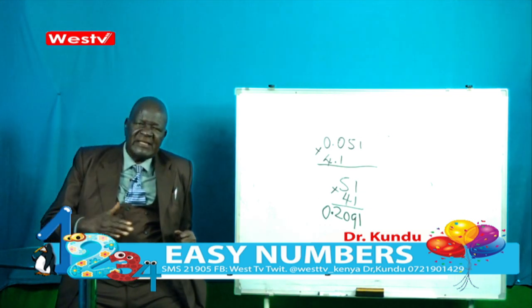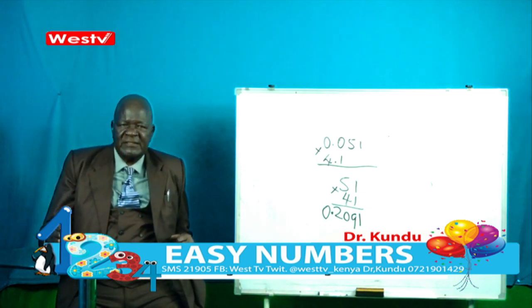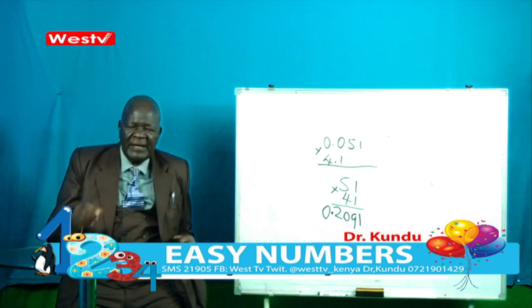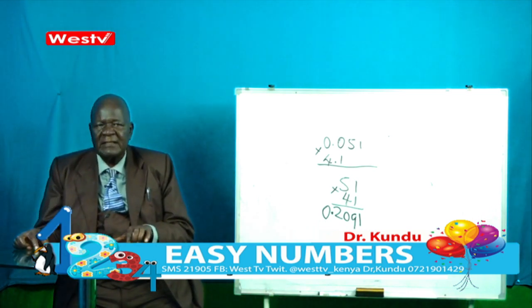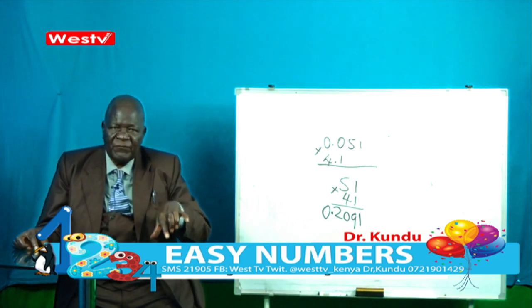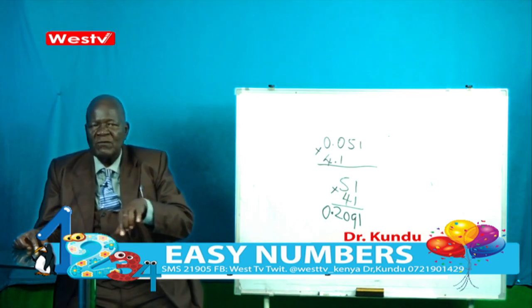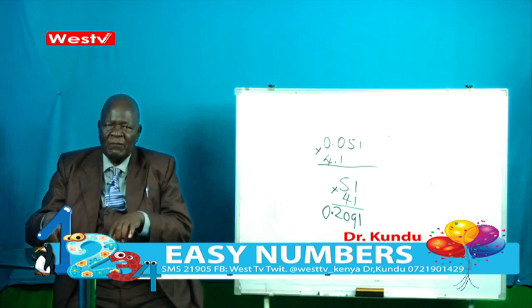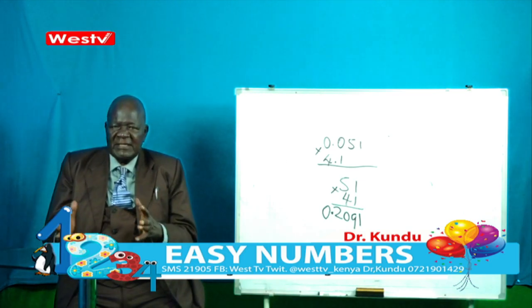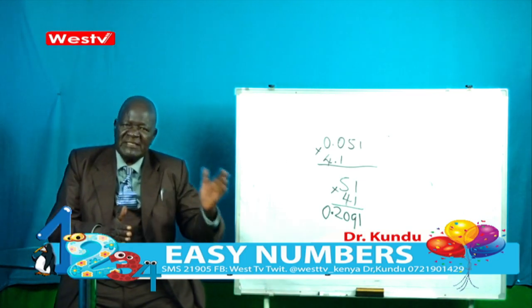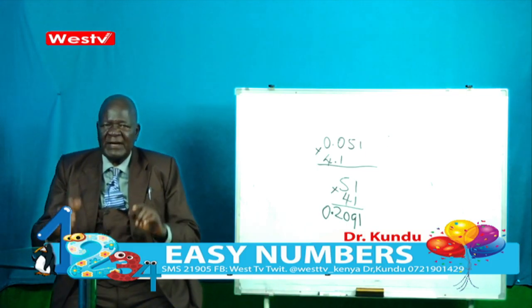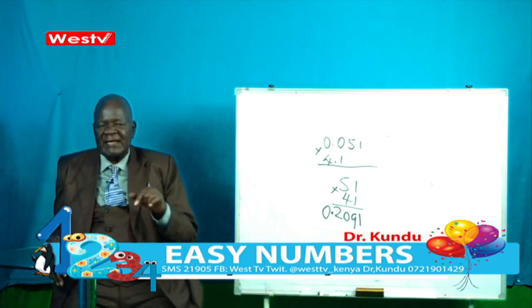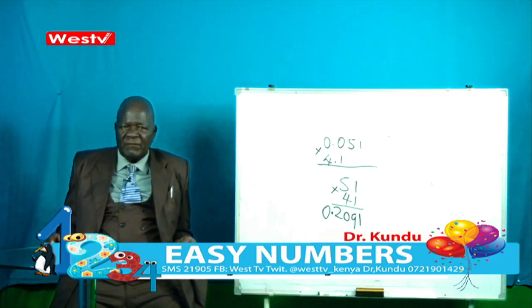And there are schools that don't provide these notes, and my advice to you, the parent, is that you get a complete set for your child. Get the set from Form 1, Form 2, Form 3, Form 4 together, so that the child can always look for what he missed in Form 1, find what he missed in Form 2, find what he missed in Form 3, and then find the Form 4.